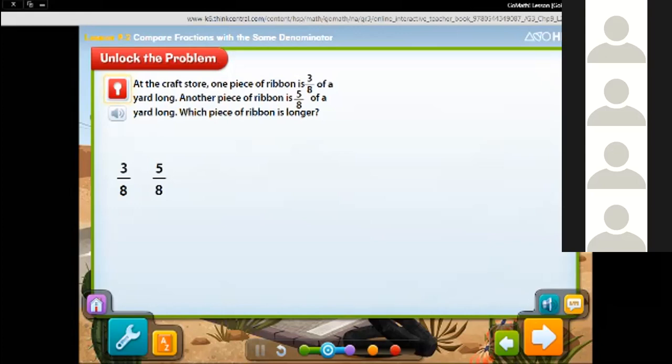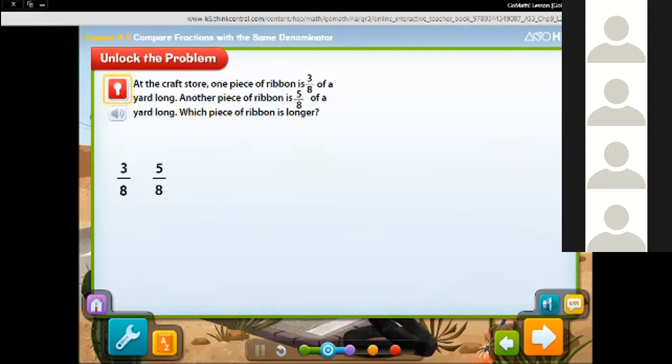At the craft store, one piece of ribbon is 3/8 of a yard long. Another piece of ribbon is 5/8 of a yard long.